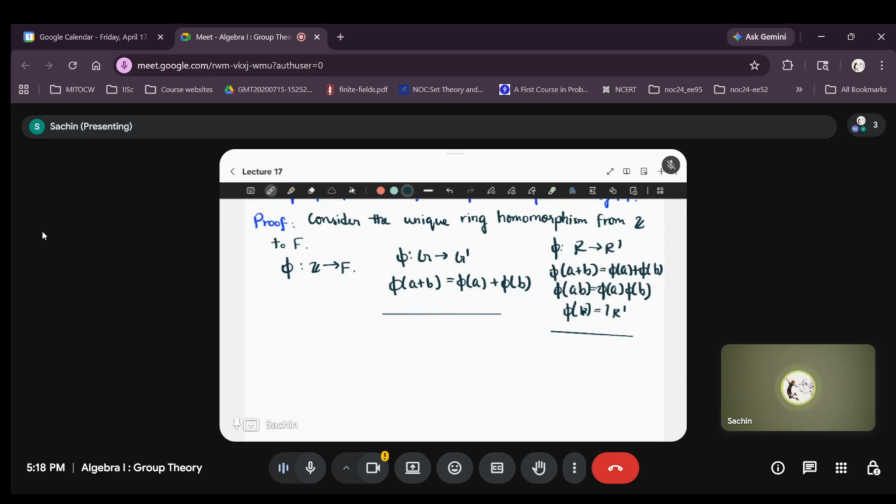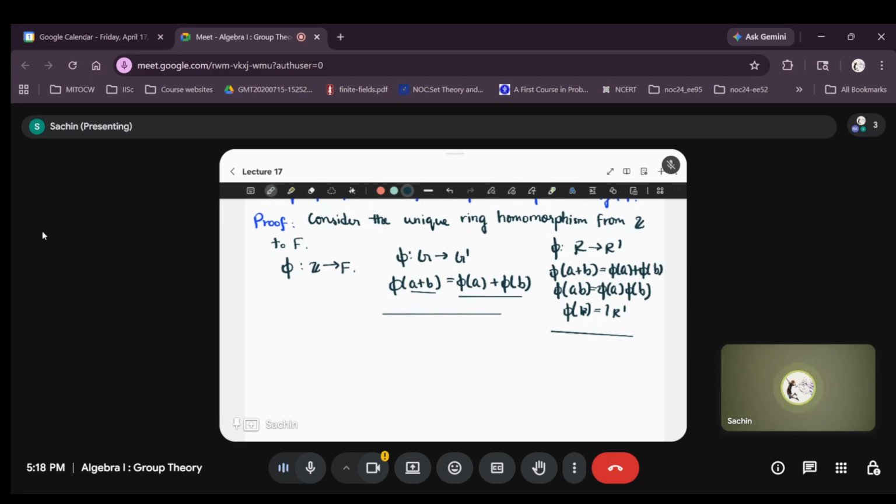Group homomorphism only takes into consideration addition because there is only one operation in the group. In the group G, this is addition in group G, and here you are adding elements in group G prime, because phi of a is some element in G prime and phi of b is also some element in G prime. It's a function from G to G prime, right?